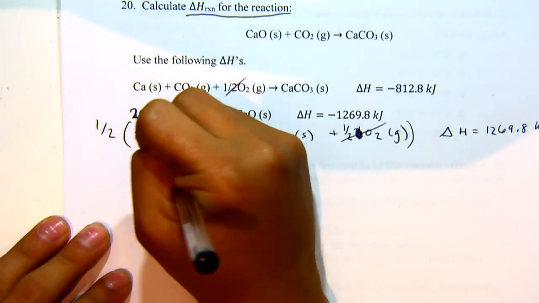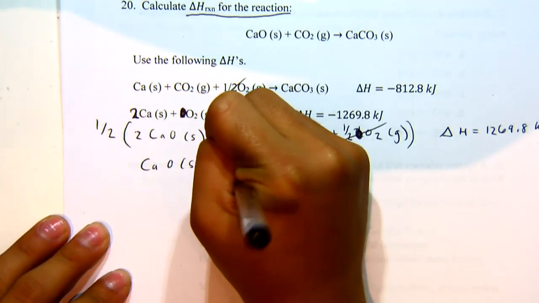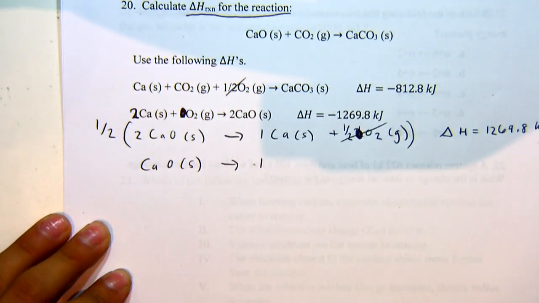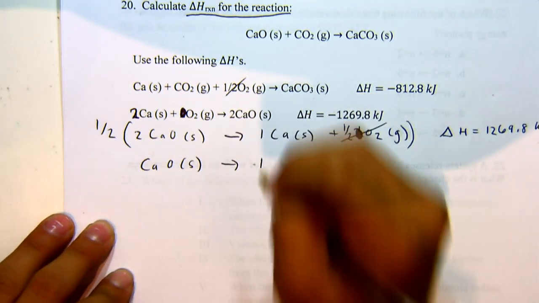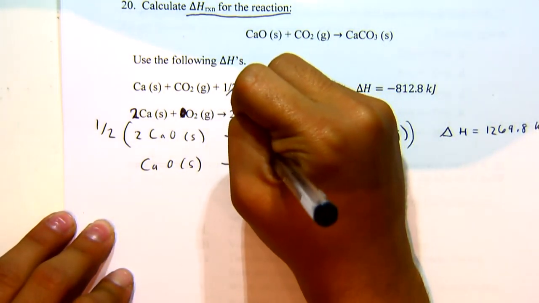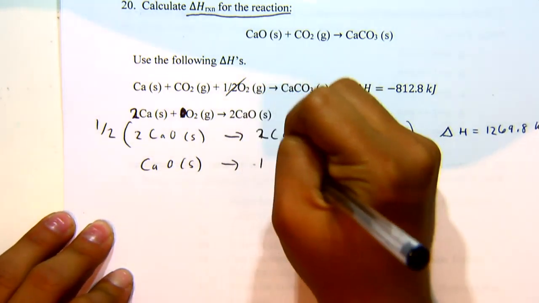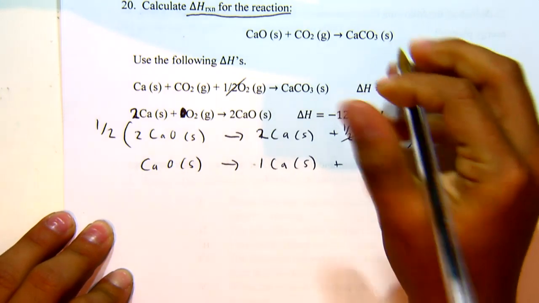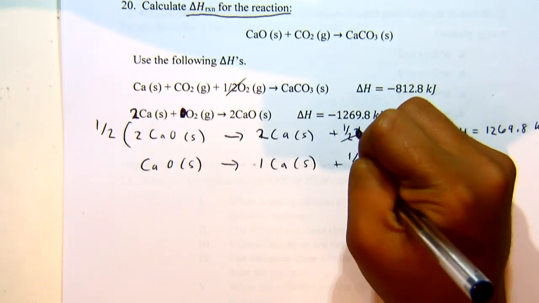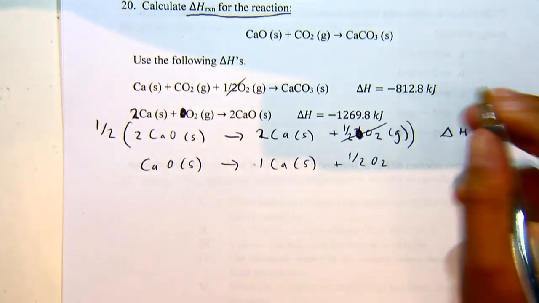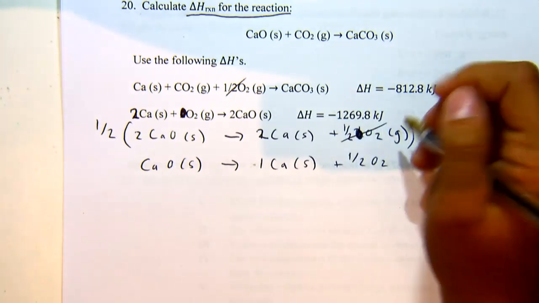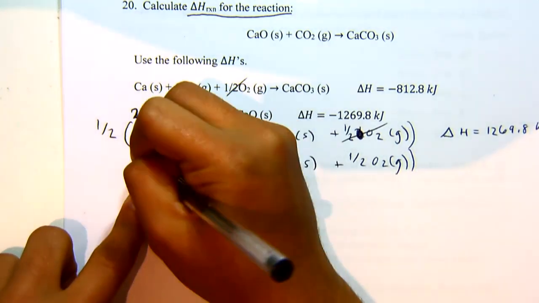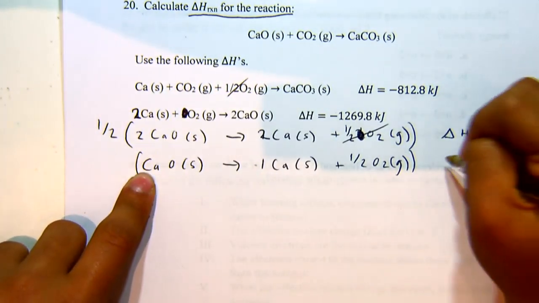This is what the new equation would look like once you multiply it by 1/2. This would be 1 Ca solid plus 1/2 O2. This one I already wrote before, but this would really be 1/2. So that's the equation you'll have to be using.